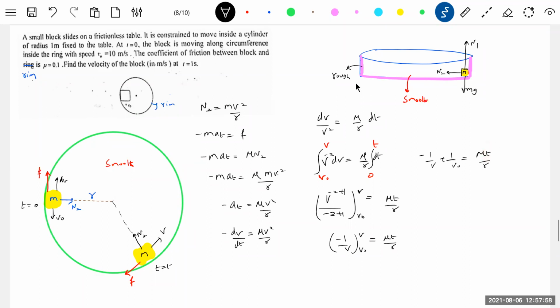Some kinematics idea of that. 1 by v0 plus mu t by r equal to 1 by v. v equals v0 r by r plus mu v0 t. So look, the velocity will keep on decreasing, it is telling.